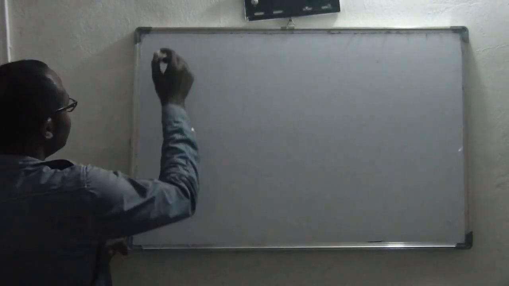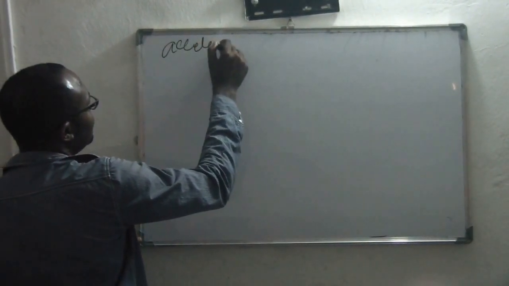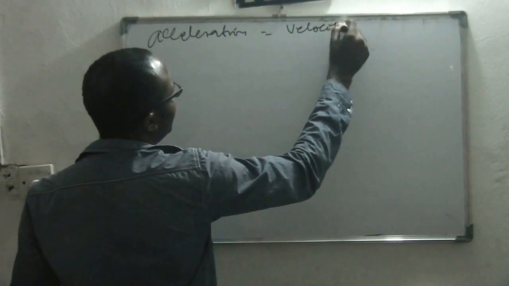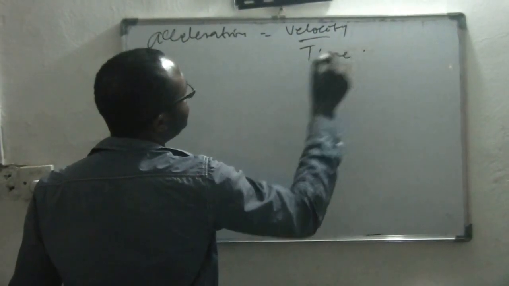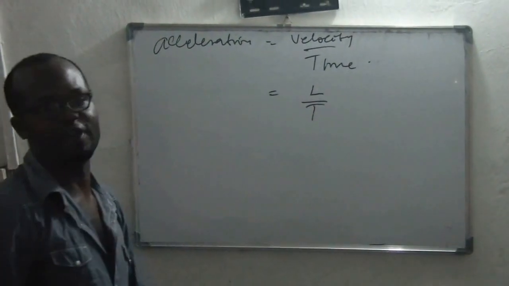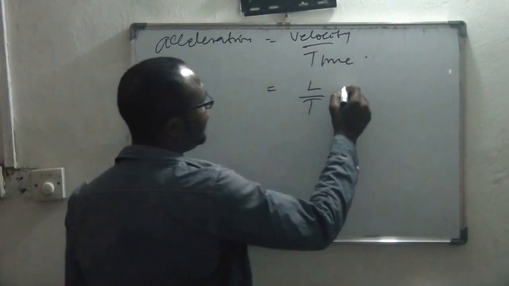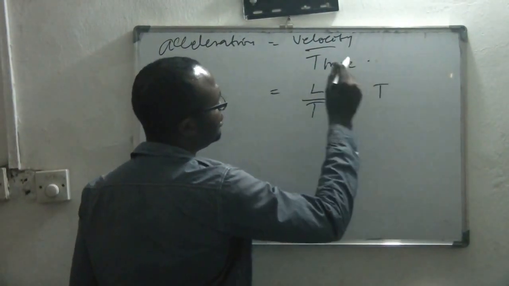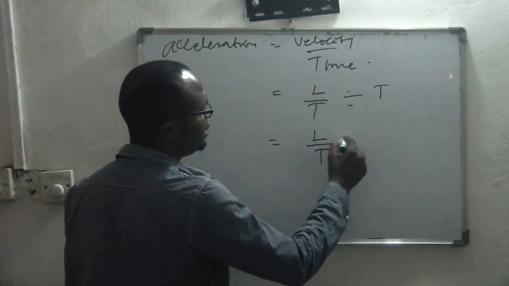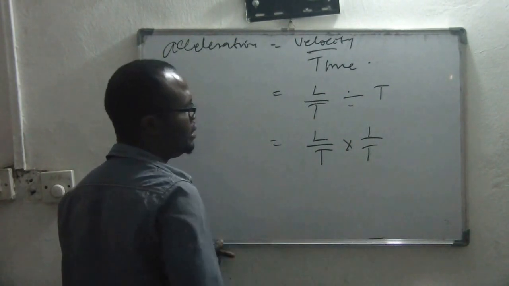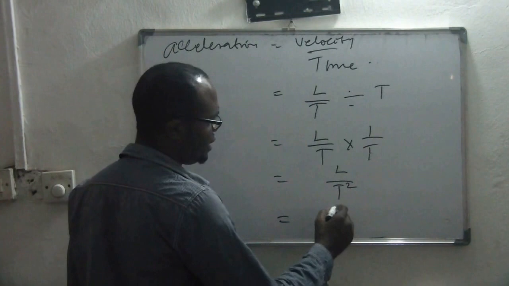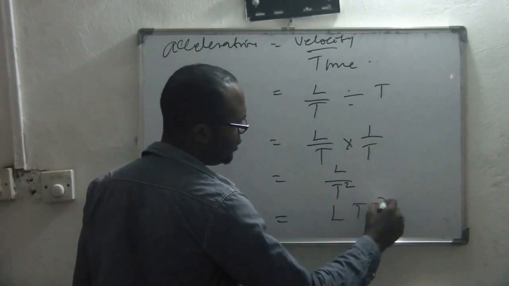Is that clear? Yes, sir. So acceleration is equal to velocity over time, which is L over T, the dimension of velocity, divided by time, which is the same thing as L over T times 1 over T, which is L over T squared, which is L T to power minus 2.